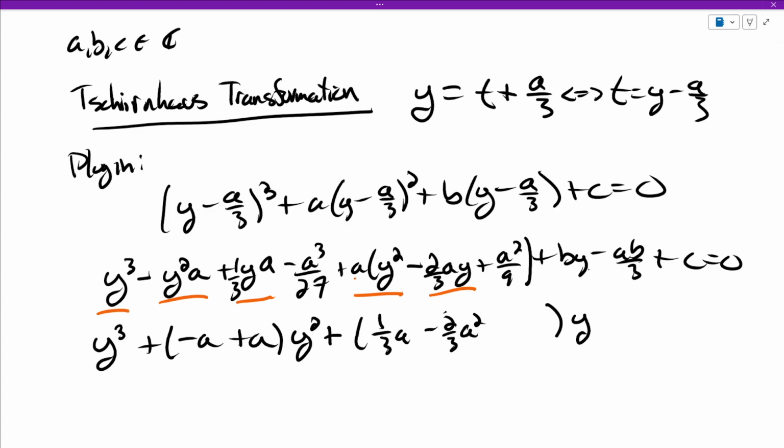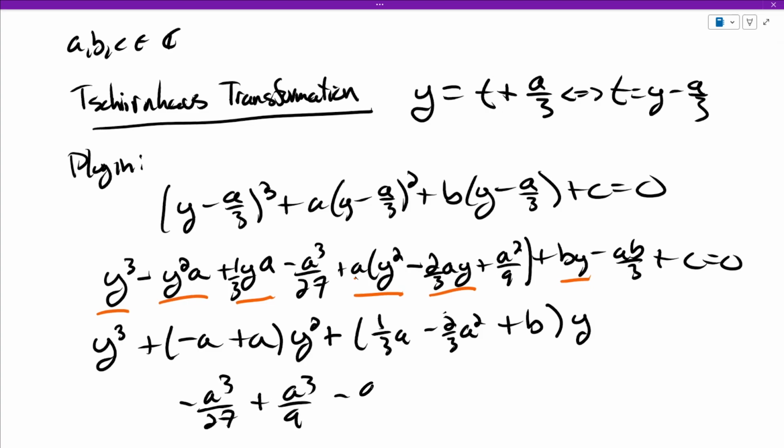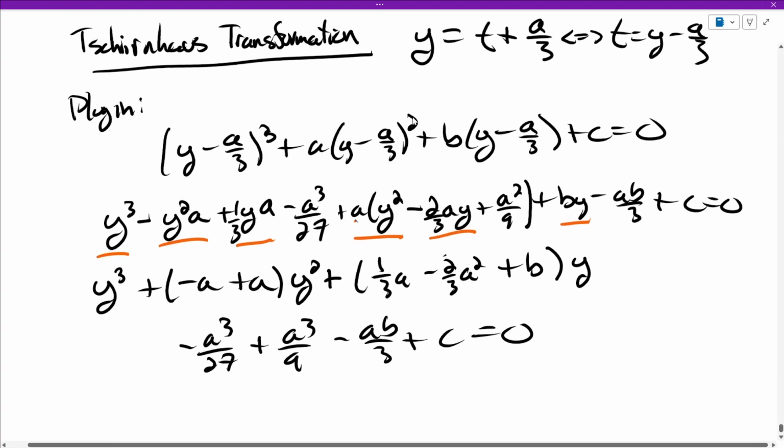And then we're going to get a by, so plus b, I believe. I think that looks good. And then what's our constant term now? Well, our constant term is just whatever's left. It's minus a cubed over 27. And then we have an a times a squared over 9, so an a cubed over 9. And then we have minus ab over 3 plus c is 0. Whew, all right, we did it.